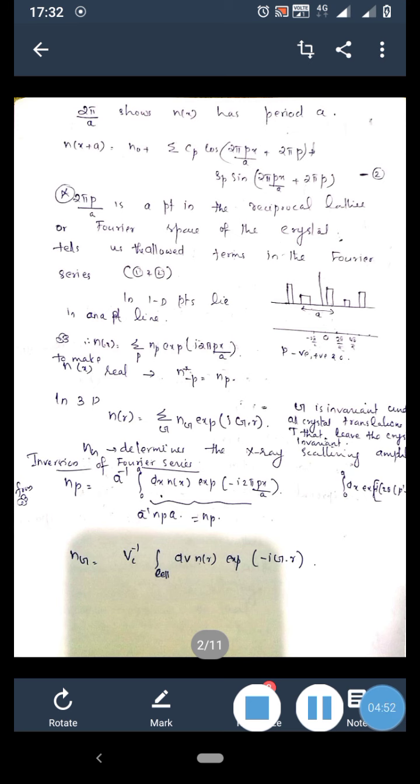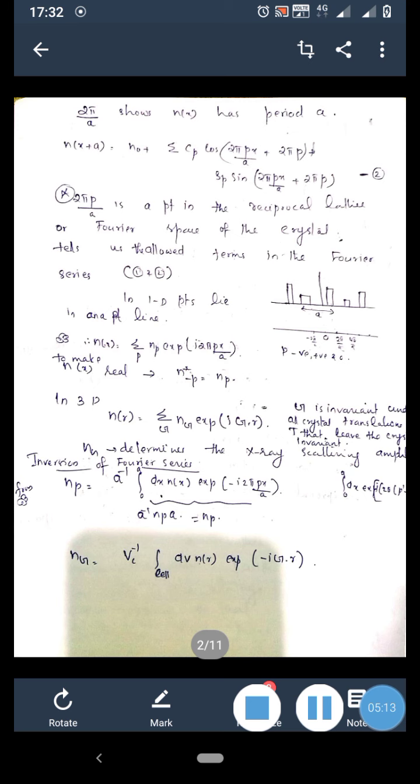All the terms are not allowed in the Fourier series analysis, and the periodicity of the crystal demands that only certain values of p are possible. For that, p can take integer values only. So these are points in the reciprocal lattice.